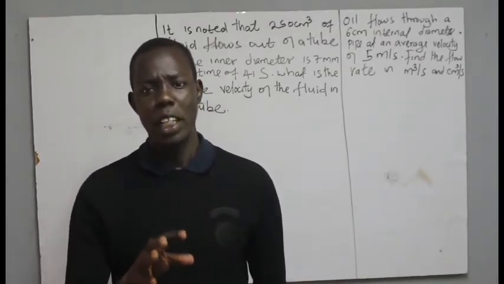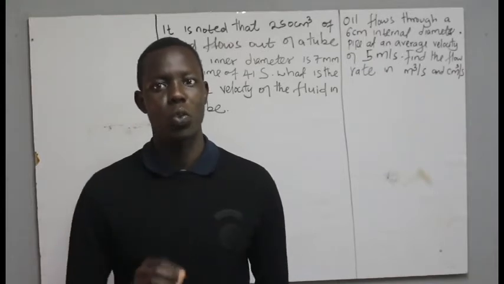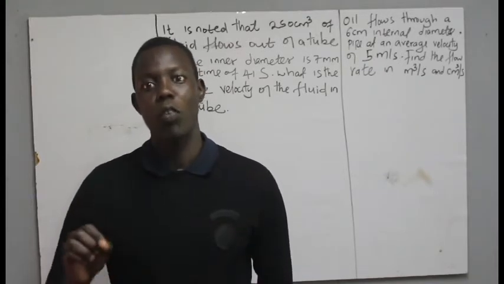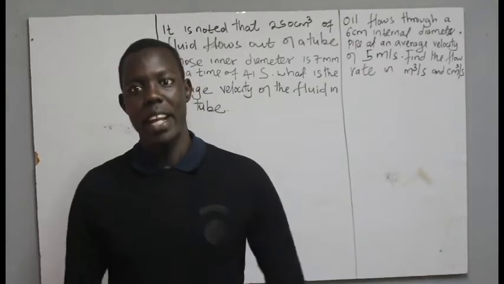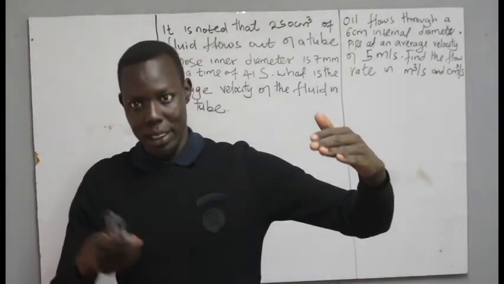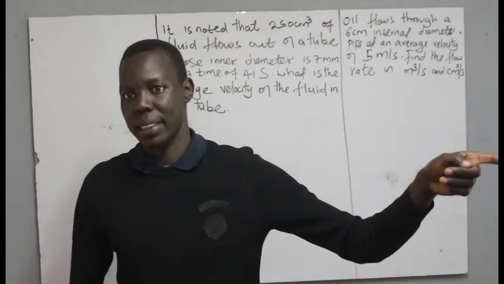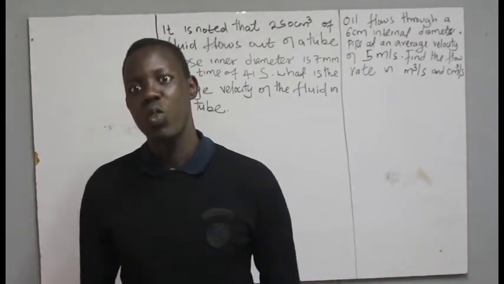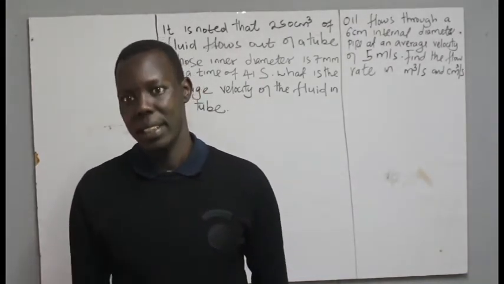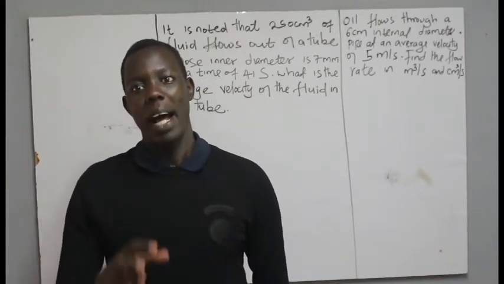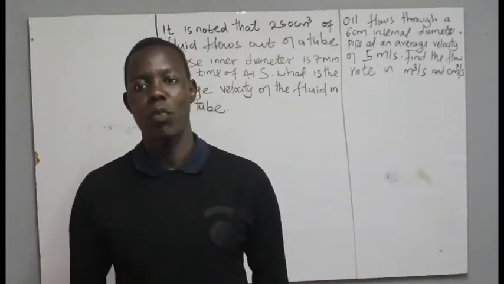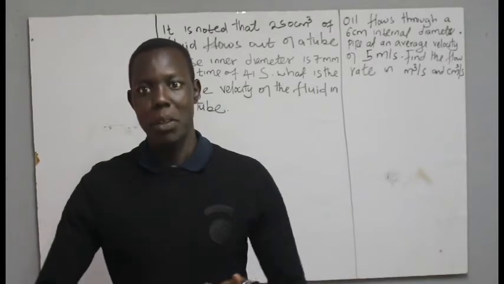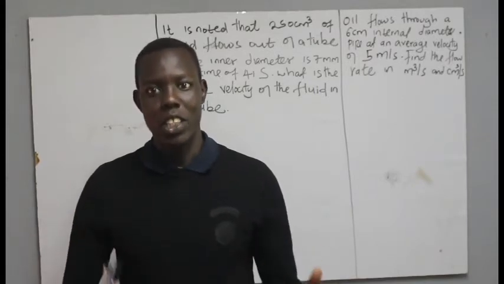So if we have that volume of the liquid that passes through a given section of the tube of flow, and we have the time, then volume over time will give us the volume flux. That is it. Then also we can derive another way in which we can calculate the volume flux. After knowing how to calculate it, we need to find the units, because volume flux is a physical quantity.